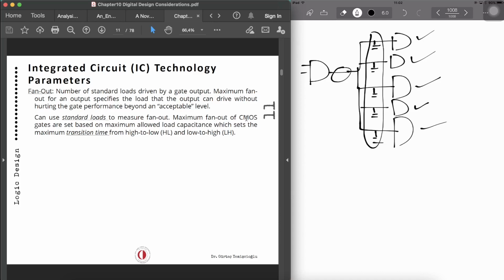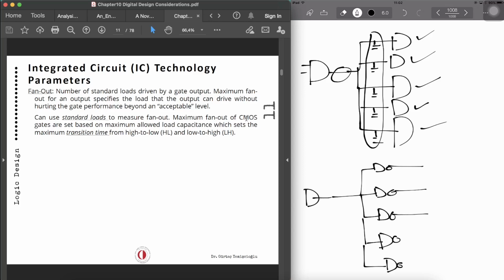Now, for the fan out, we can actually use buffers or inverters. So we can restore the logic value into the proper value before it gets into the gate. Once again, we have got the gate driving, and we can feed it with inverters or buffers for each of the lines. Okay, we are increasing the number of gates over there, but actually we are keeping the values as well.